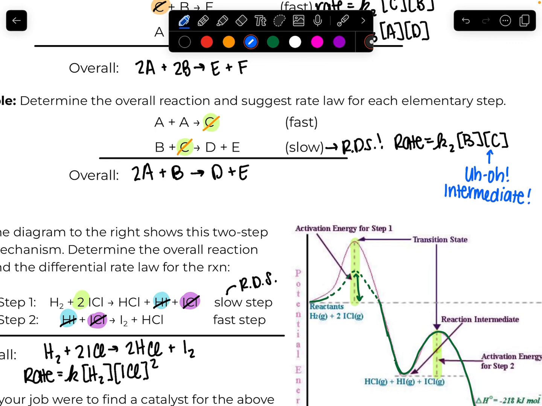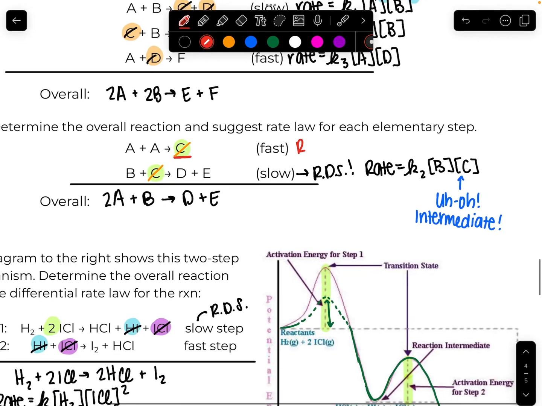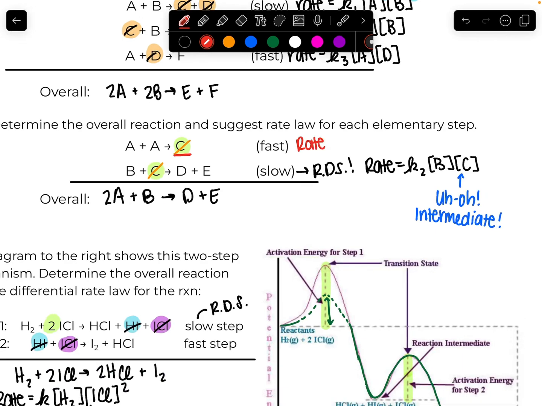Yes, there definitely is. We know that the production of C is based off of the rate of this equation. So for this one, the rate is equal to K times A squared, right?